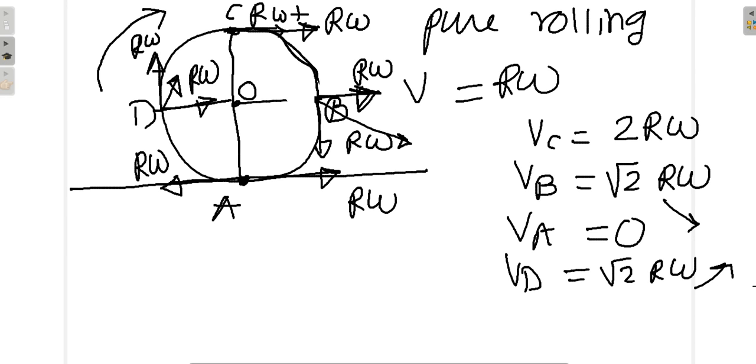So these are different velocities at different points. But let us consider intricate points. Suppose you want to find the velocity at a point somewhere in between, then what is to be done? So we will see. We want to find the velocity at this particular point. Let's take an example, the last example. Please bear with me, and we will stop the lecture.